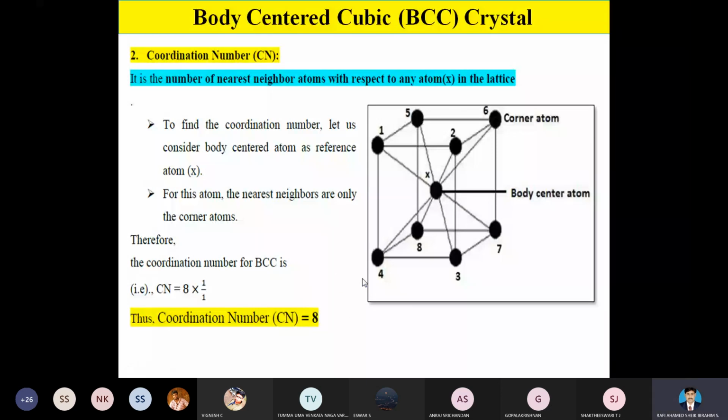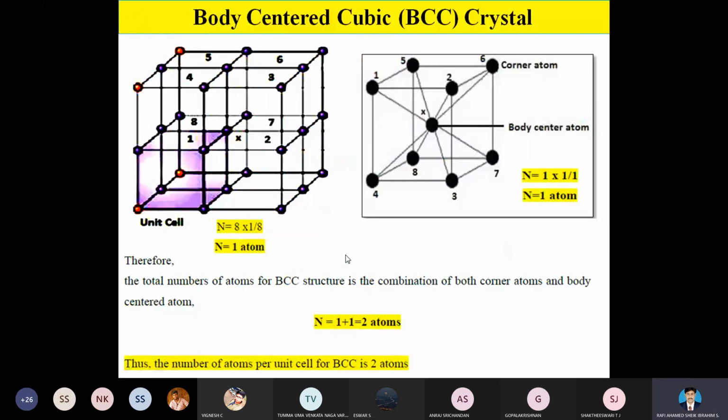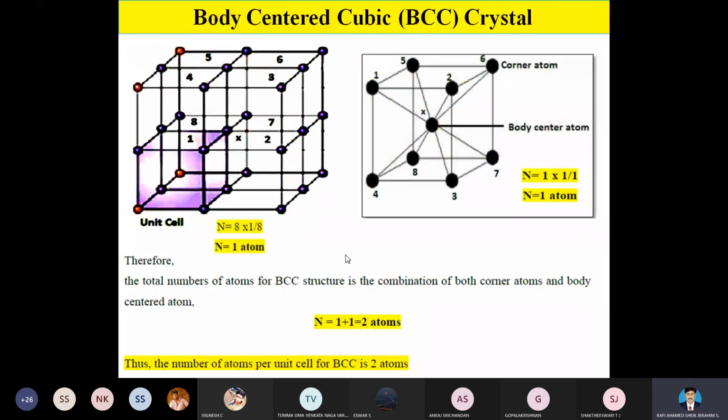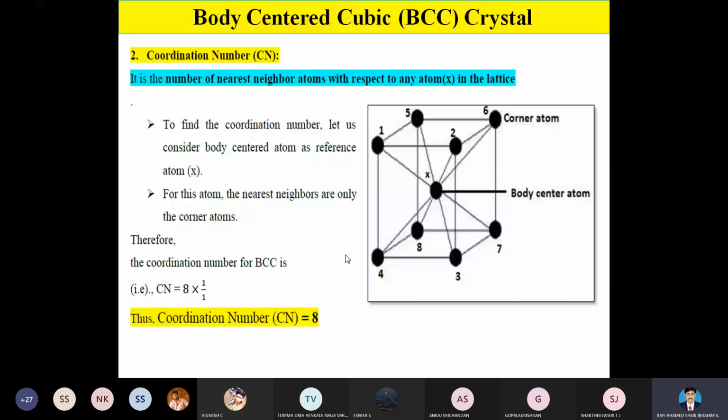If you have any doubt from these 2 parameters, number of atoms per unit cell and the coordination number, you can ask your doubt now. Otherwise, I can continue. Any doubt? Am I audible to you all?